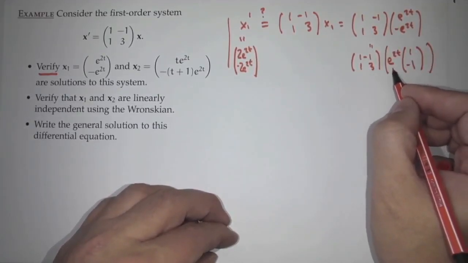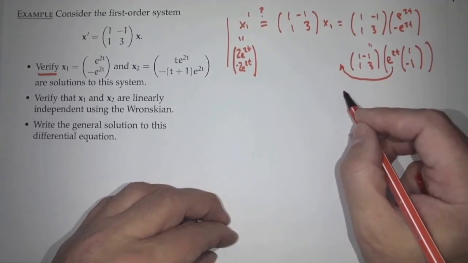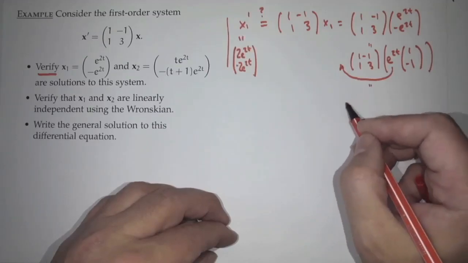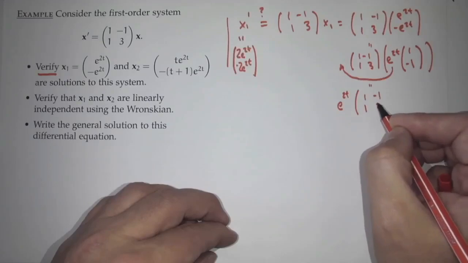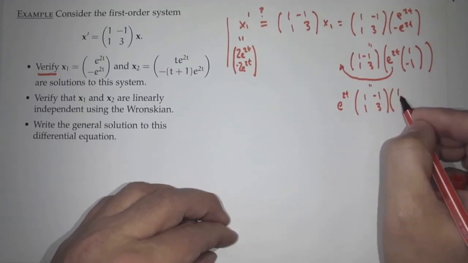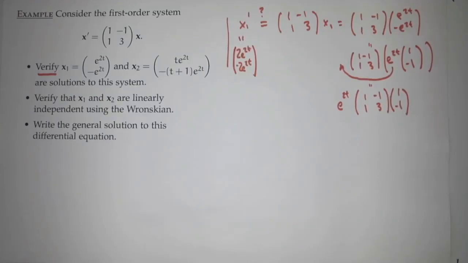And this constant you can move all the way up to the front. So this is the same as e to the 2t times 1 minus 1, 1, 3, and 1 minus 1. So that way we can simplify and say, oh, we're just multiplying numbers by numbers. In this case, life is good.